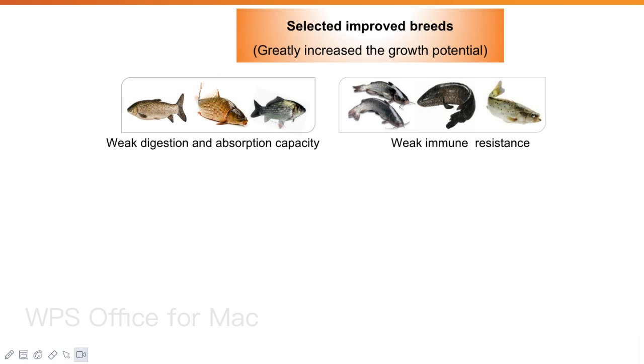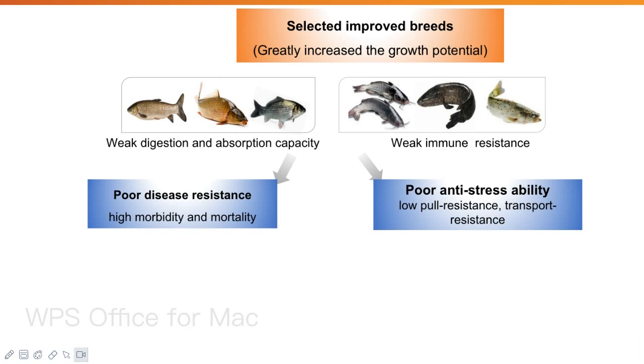The main reason is that the development of functional organs cannot keep up with the speed of growth. And these problems reflected in production are poor disease resistance, high morbidity, high mortality, poor anti-stress ability, and low poor resistance and transport resistance.